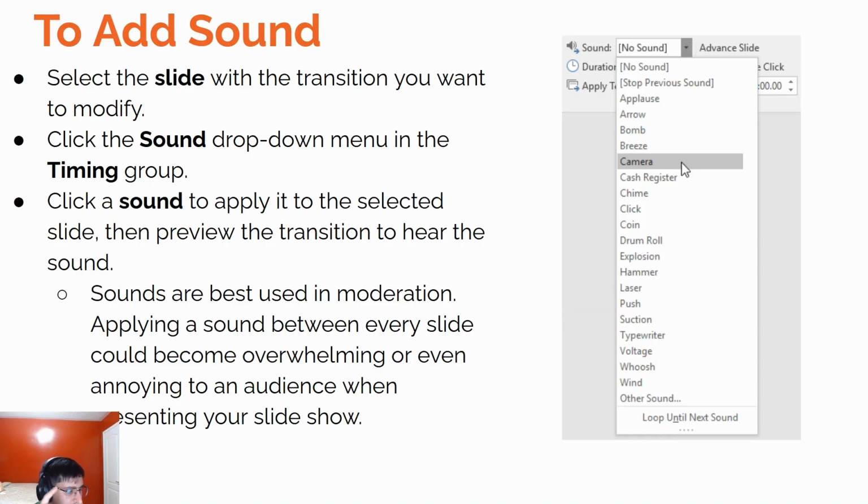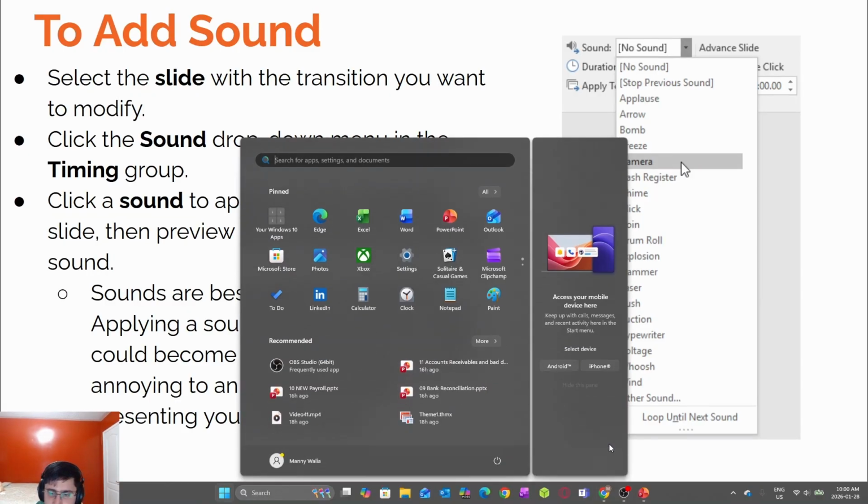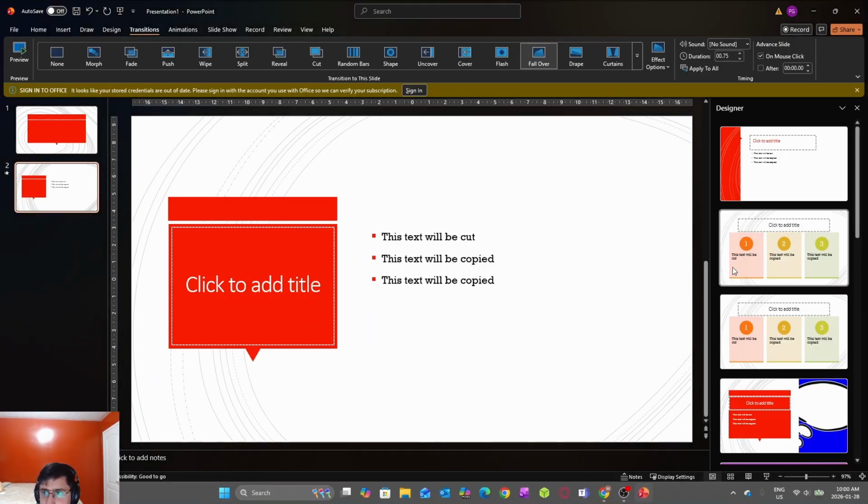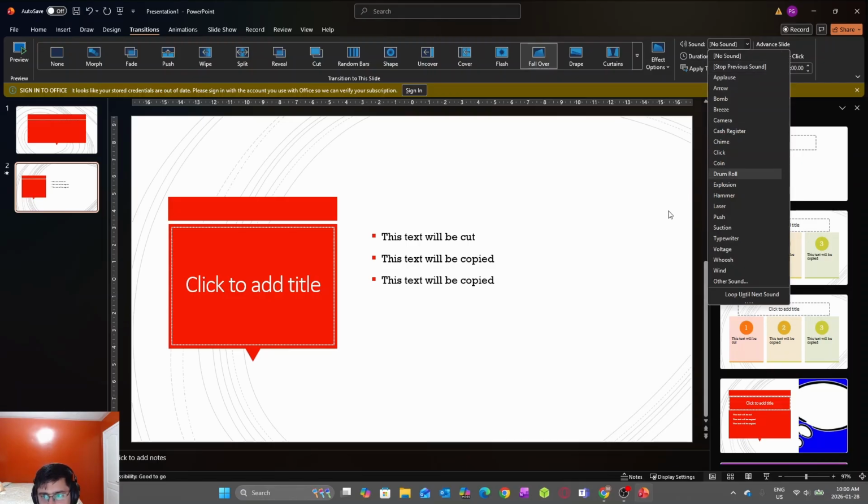And one thing to note, just like transitions, sounds are best used in moderation. Applying a sound between every slide could become overwhelming or even annoying to an audience when we're presenting our slideshow, right? So that's one thing you want to keep in mind, right? So again, here's a sound. I don't want to apply one because it will probably be very, very loud on the recording, but you could just click it and select it, right?